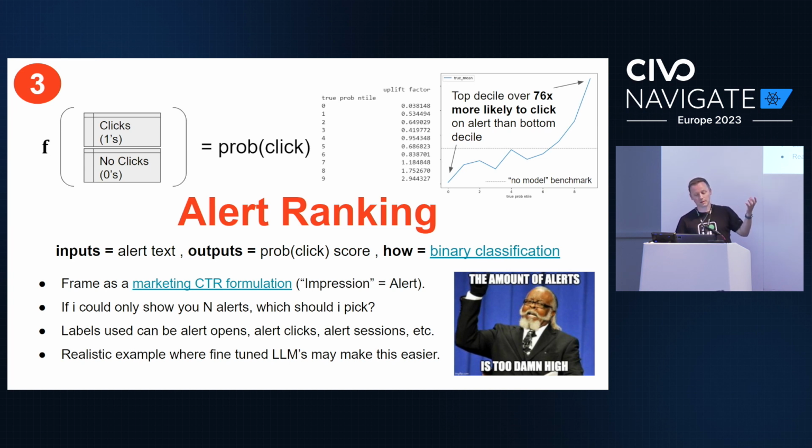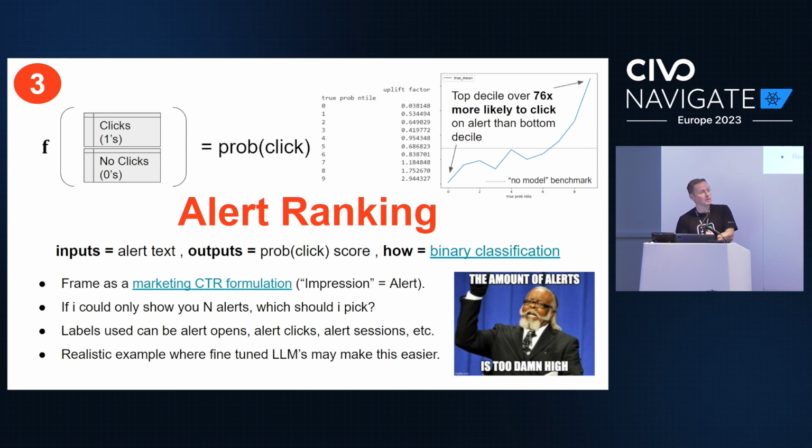It's which ones are more likely to solicit some sort of action. The idea is similar to marketing: if I could only show you N alerts, which ones should I pick? With alert ranking, on average the top alerts are the ones you're most likely to react to.